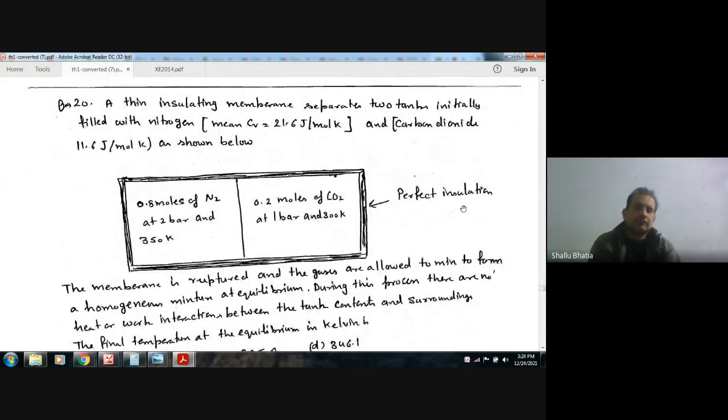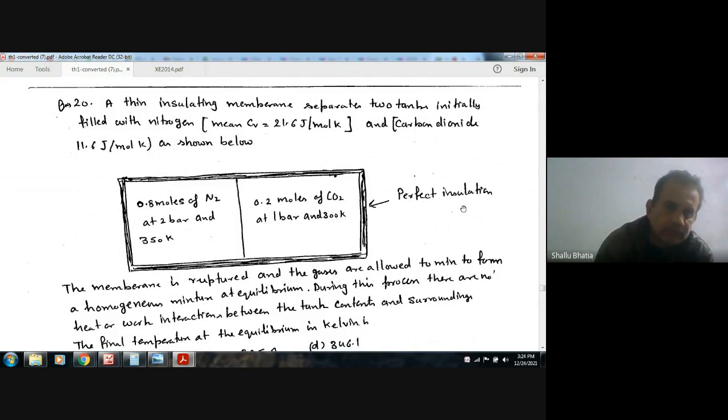Next. A thin insulating membrane separates two tanks initially filled with nitrogen, mean Cv 21.6 joule per mole per degree Kelvin, and carbon dioxide, mean Cv 11.6 joule per mole per degree Kelvin, as shown below.